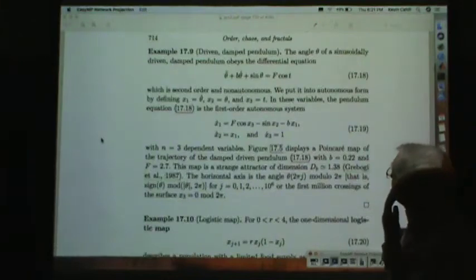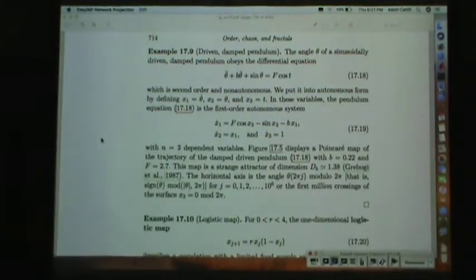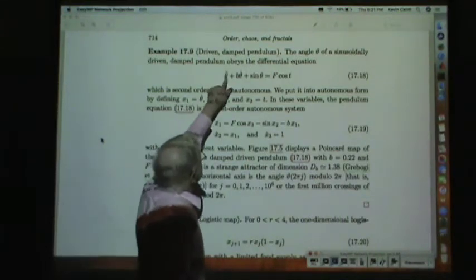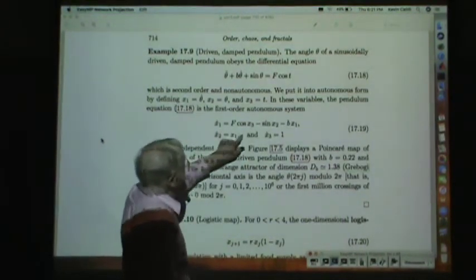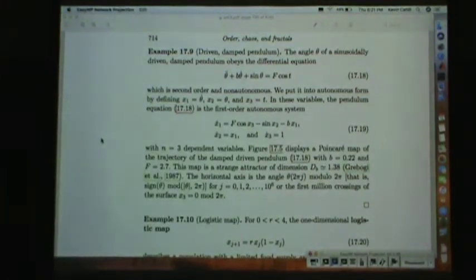There's another example. I'm a little puzzled as to how come I'm only getting to it now. The angle theta of a sinusoidally driven damped pendulum obeys a certain differential equation. You can put it in autonomous form. Again, it's second order, but you make it a first order autonomous system like that.